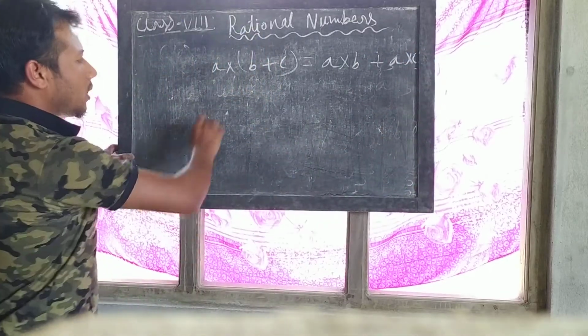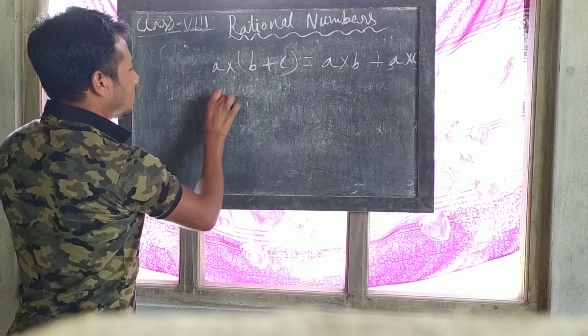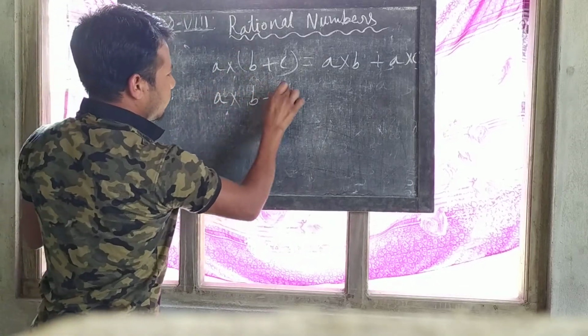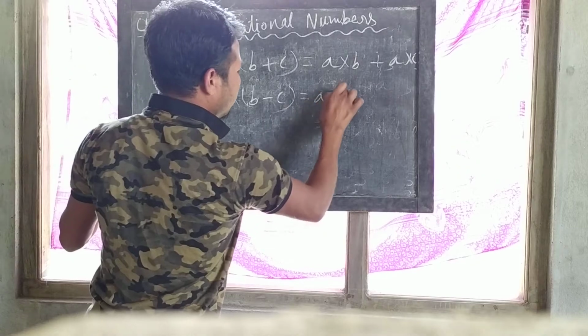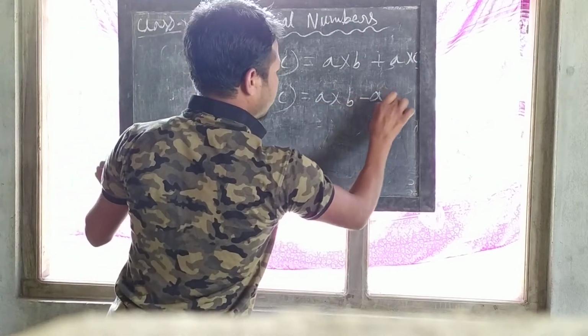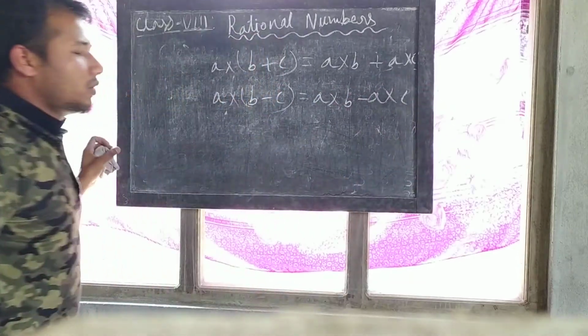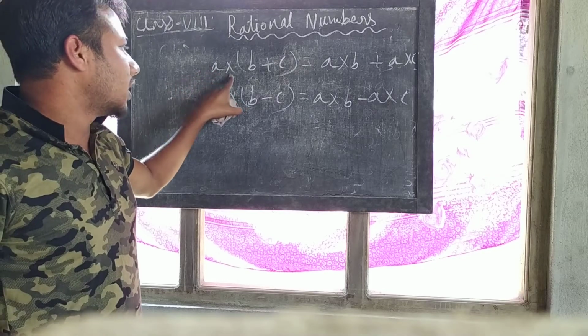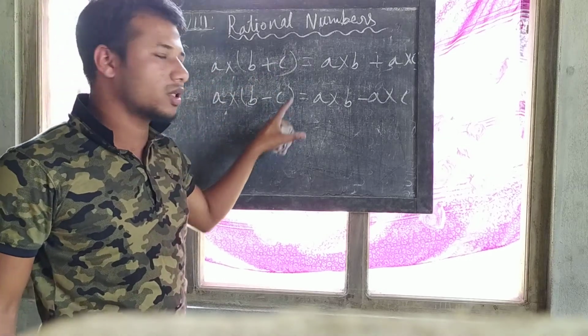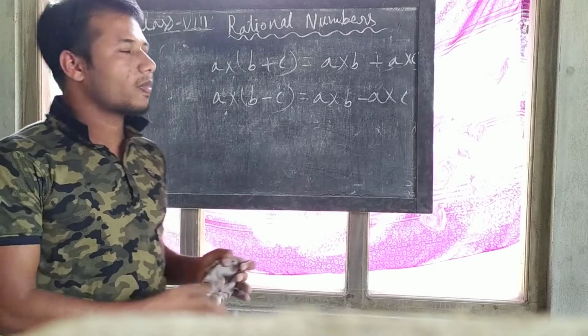Also, multiplication will be distributive over subtraction. This part is called distributive, that is, distributive multiplication over addition or multiplication over subtraction. This is the distributive property.